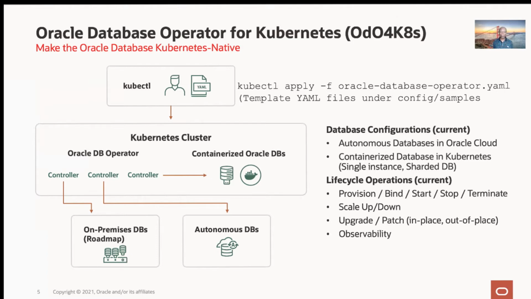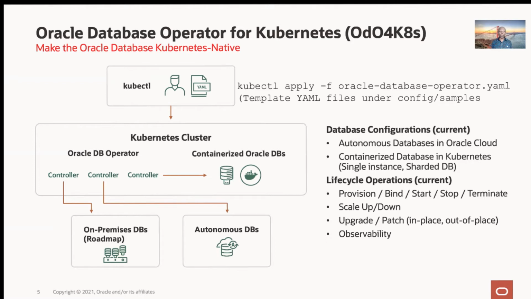You install the operator through the kubectl apply command using this YAML file, and we have a set of YAML file templates in the config/samples directory from the root of the repository. The picture on the left shows you how this works.